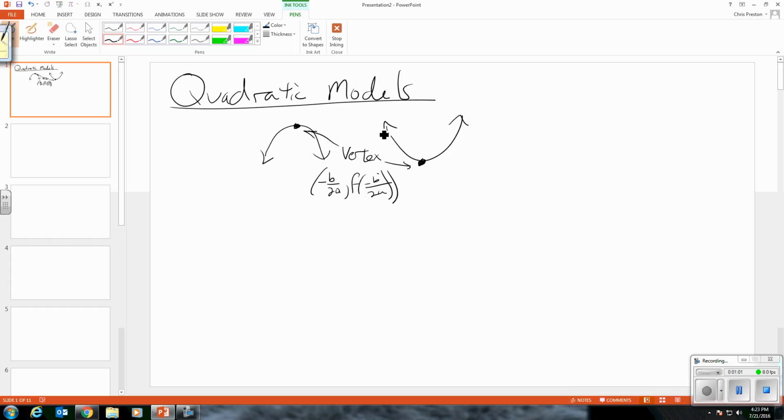In terms of models, we call the y value when the graph is going down the maximum, and the y value when the graph is going up the minimum.